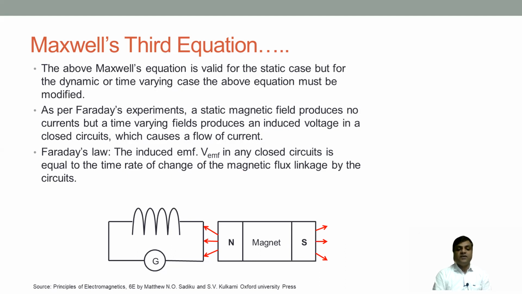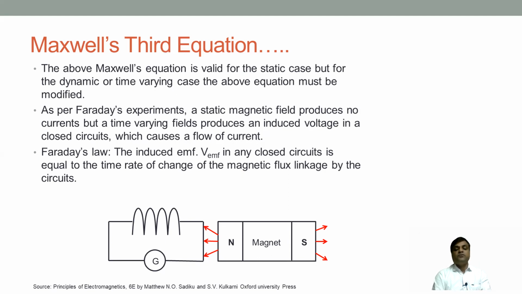See this circuit, where we created a coil connected with a galvanometer, and a magnet. When we bring the magnet close to this circuit, the magnetic lines of the field interact with the coil.